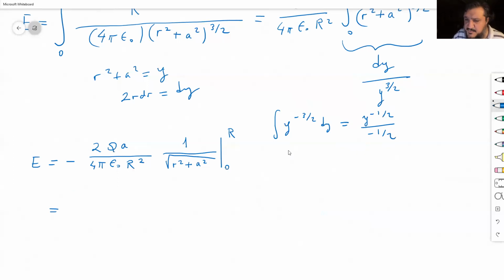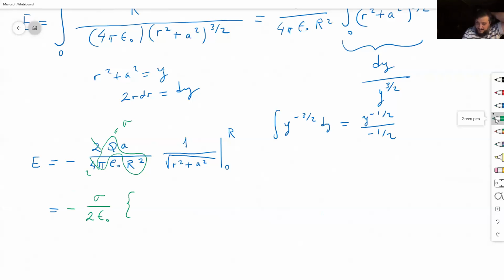Why don't I do the same trick by switching to sigma again? It is useful, you know. So I'm going to take this: q over pi r squared was sigma. 2, 4, 2. So negative sigma over 2 epsilon 0.